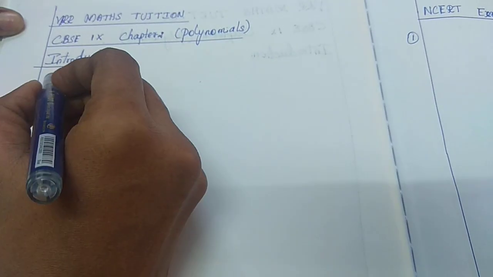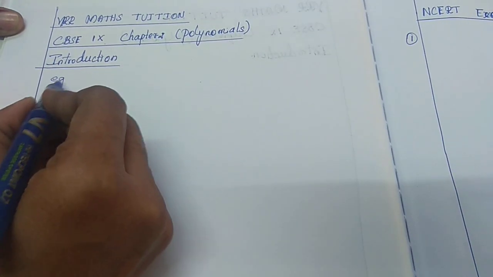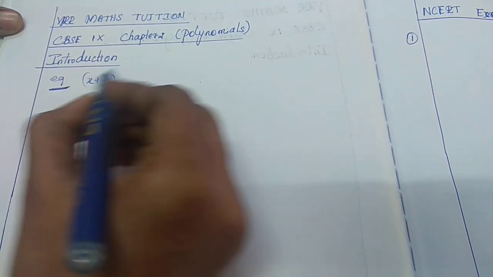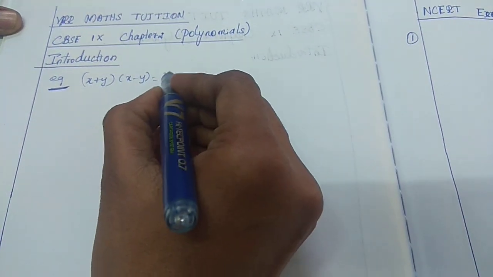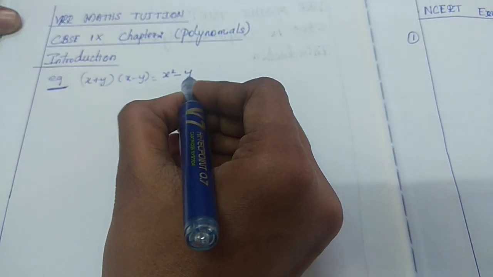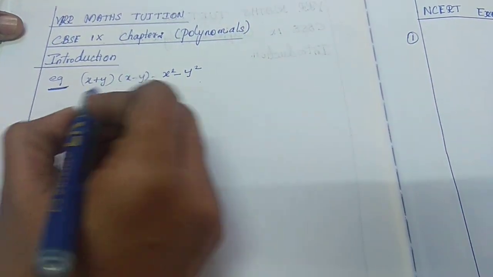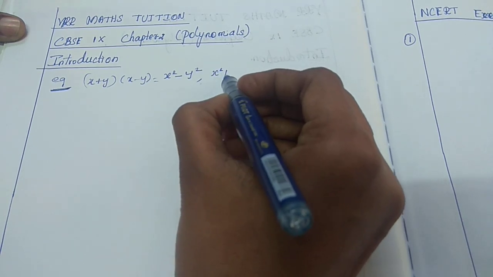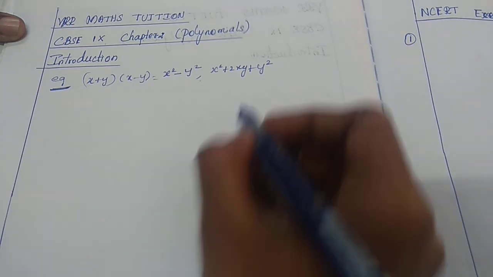For example, the expression (x plus y)(x minus y) is equal to x square minus y square, and one more example, x square plus 2xy plus y square.